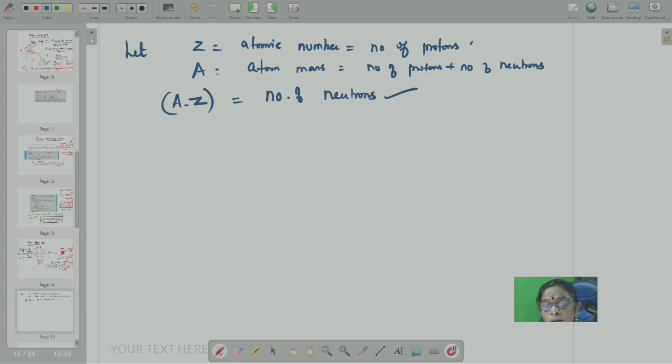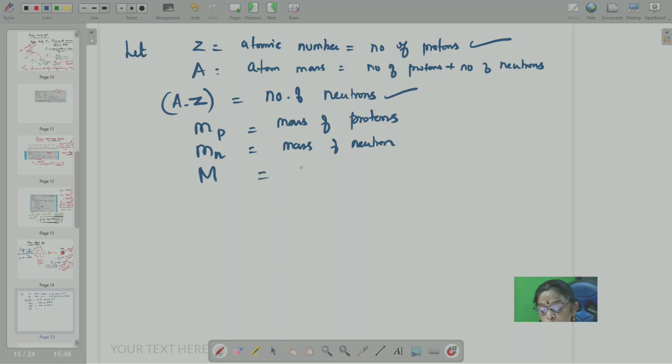I know the number of neutrons, I know the number of protons. Let Mp be equal to the mass of a proton. Listen carefully, children. And Mn is equal to the mass of a neutron. And take capital M as the mass of the nucleus. So therefore I can write delta M is equal to mass defect.